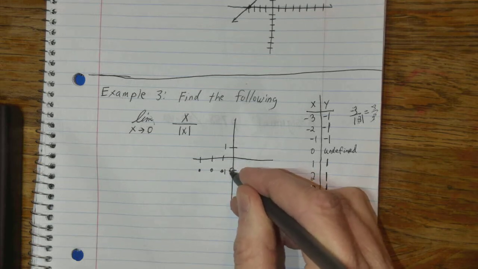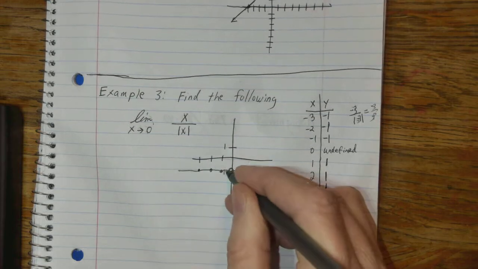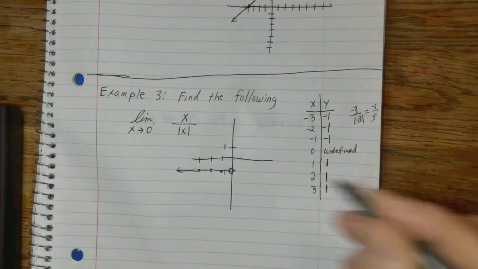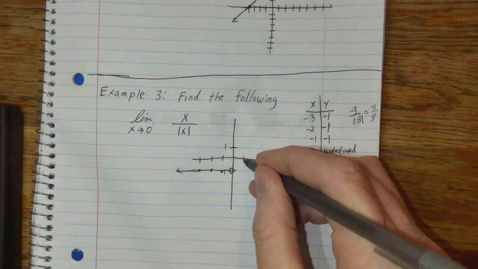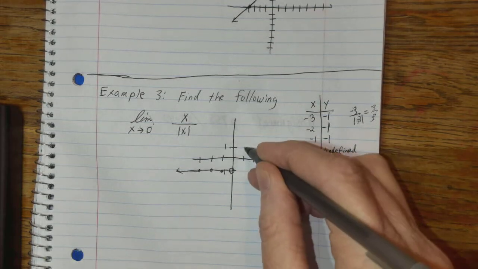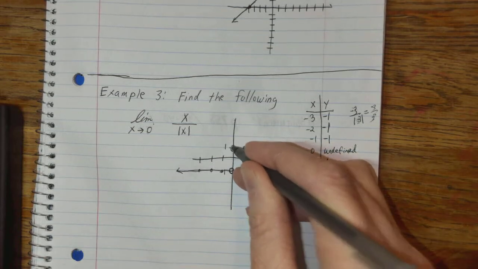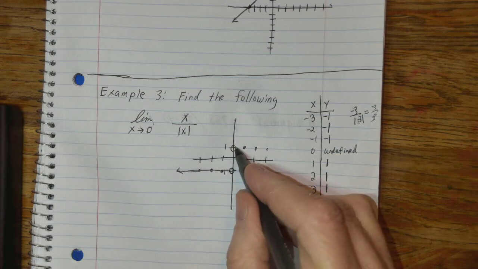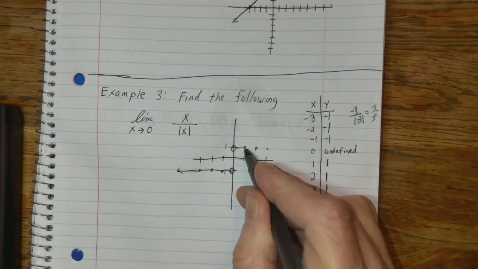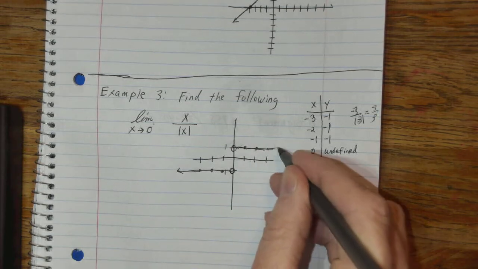We are undefined at 0, so we kind of have this part of the graph when x is negative, and at 1, 1, we have a point, 2, 2, 3, 3, but we are undefined. If it was positive 1/2 over the absolute value of 1/2, it'd still be 1. So I am right here.